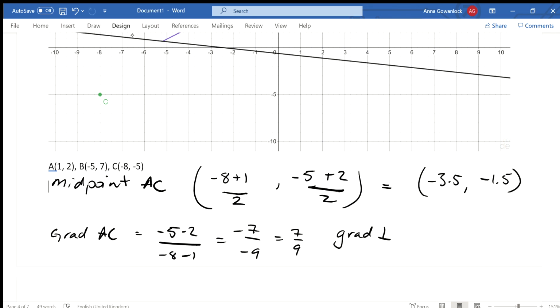Again, we need to do the flip it and multiply it by -1, so the gradient of the perpendicular is going to be -9/7.